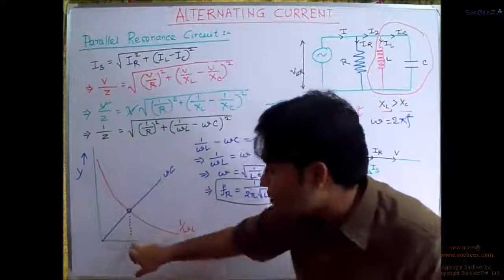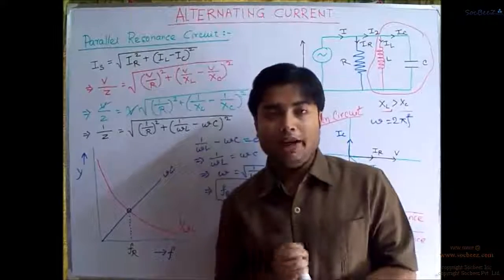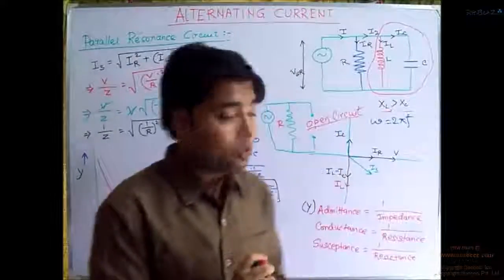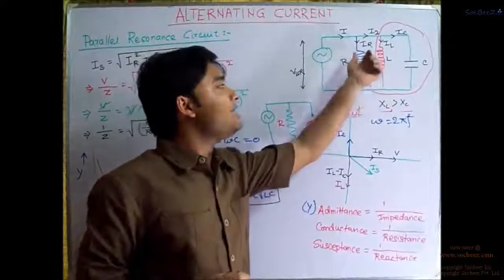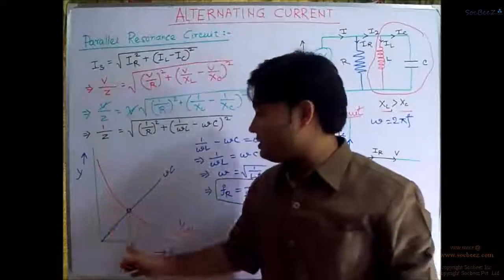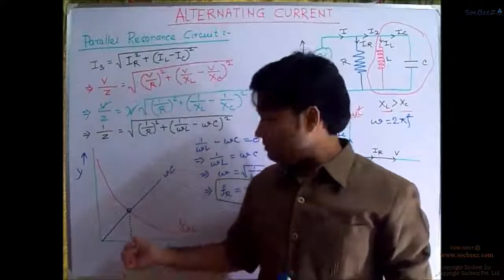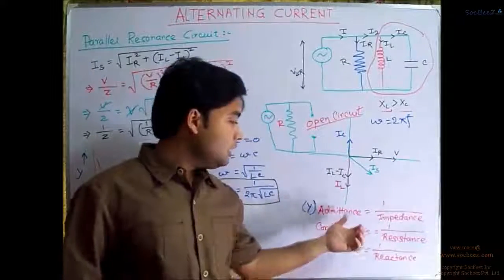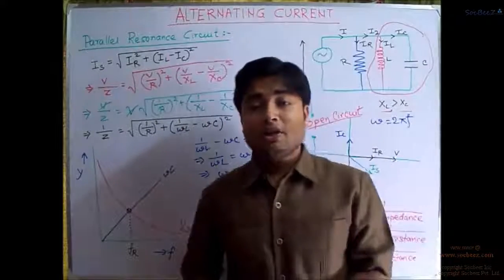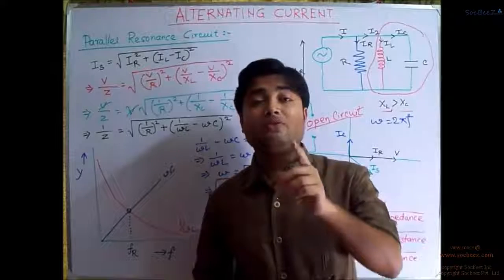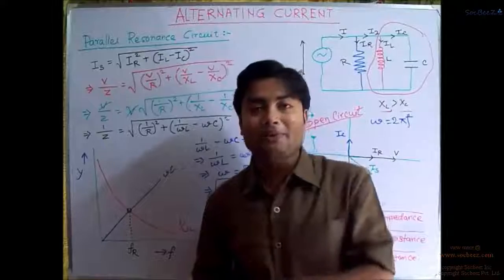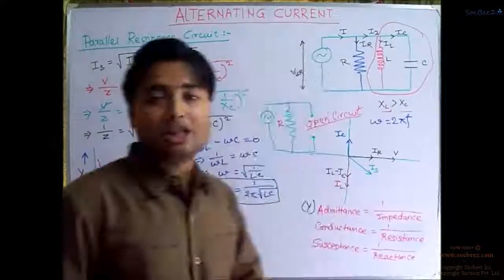So Y at this point will be 0. If there is no resistance and the admittance is 0, the impedance will be infinite, and since I is inversely proportional to impedance, the current will be 0. But obviously 0 means what?